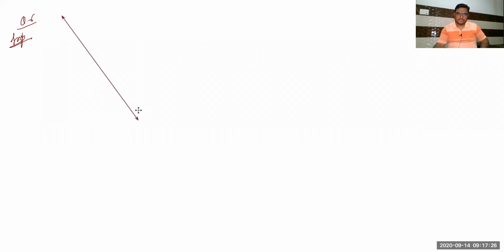Suppose one line is this and suppose one line is this. These two lines are perpendicular to each other. So it means this angle is given as 90 degrees. Suppose it is the first line, it is the second line, and in this question you have to find out the value of k equal to what?